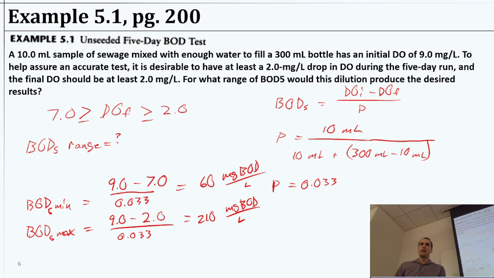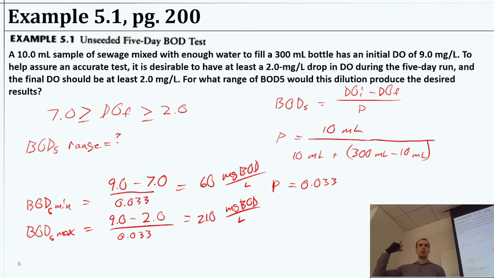All right, I have a problem here, and I left the writing from last time I solved it, because I wanted to go a little quicker today. This problem says we have a 10 milliliter sample mixed with enough water to fill a 300 milliliter bottle, with an initial DO of 9 milligrams per liter, and to help assure an accurate test, we want to have a 2 milligrams per liter drop.